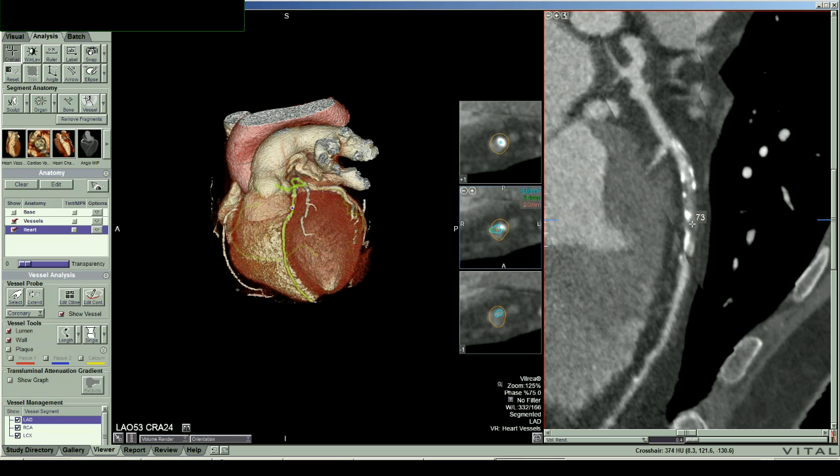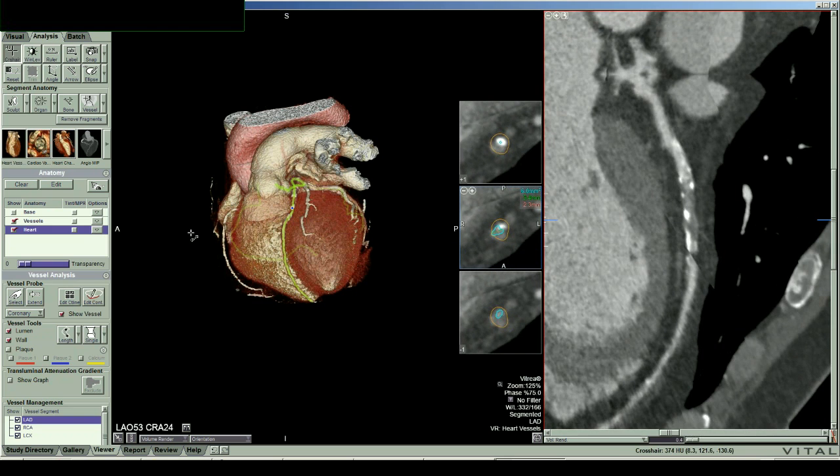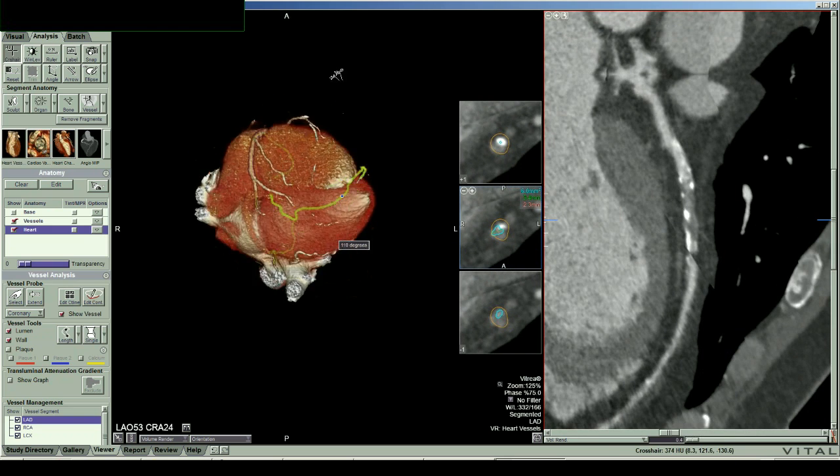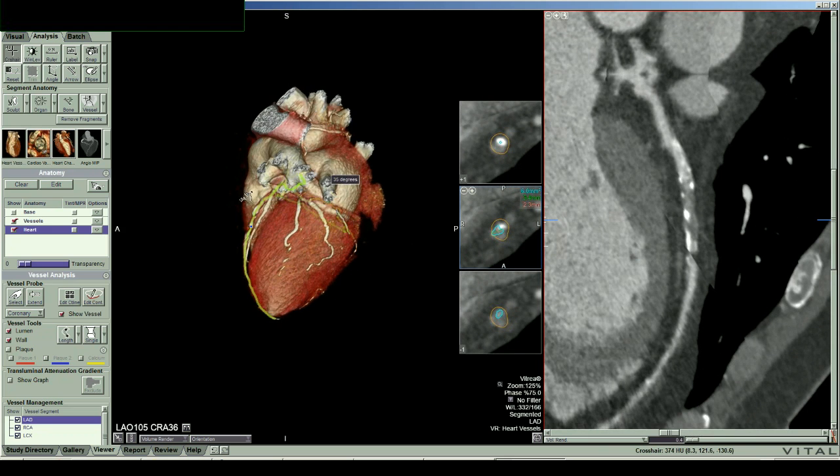We come over here, we're down to 45. We get pretty low in here. So this is where it's totally occluded. 42. And there's no other coronary disease evident here, other than a little bit of coronary calcification, and that's it.